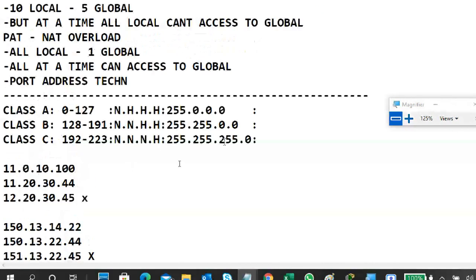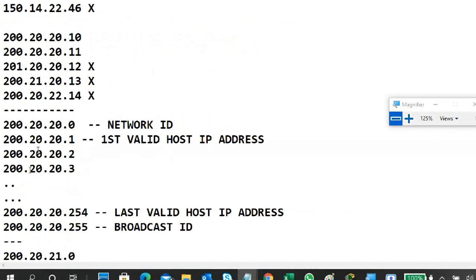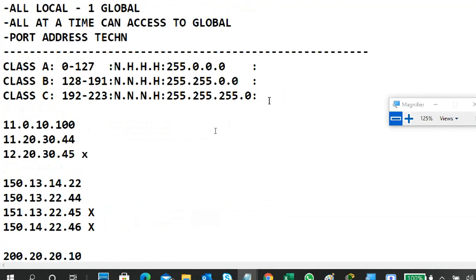Only the last portion changes. The first three portions, the network, are constant. So the host portion is nothing but the last portion, an 8-bit number. So 2 to the power of 8 minus 2. Why minus 2? Network ID and broadcast ID we are not assigning.